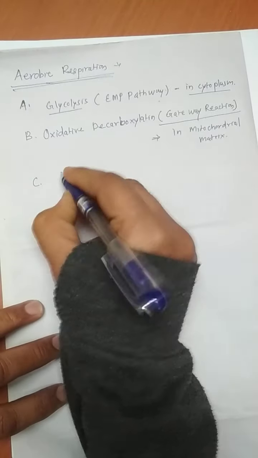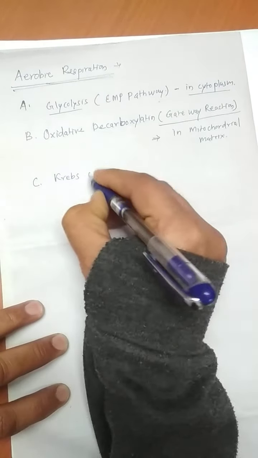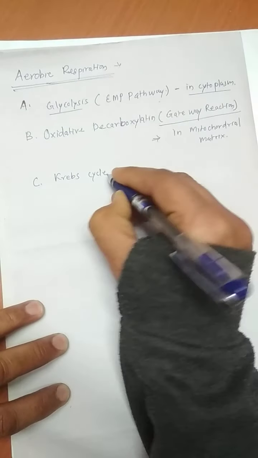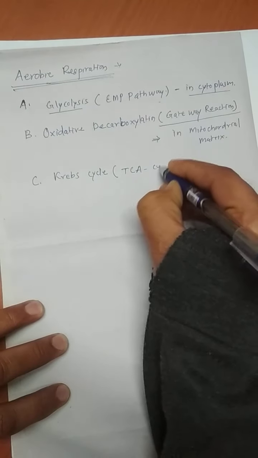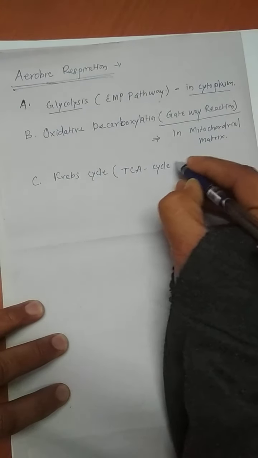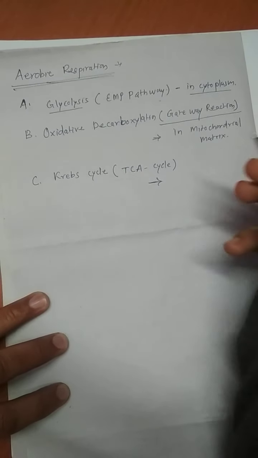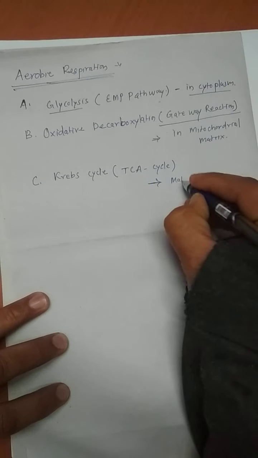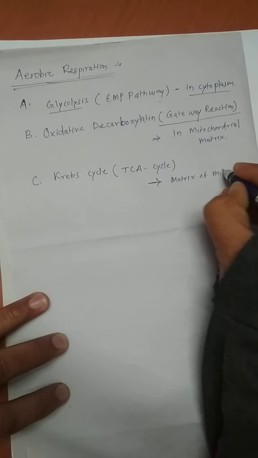C, Krebs cycle, also called the TCA cycle, in the matrix of the mitochondria.